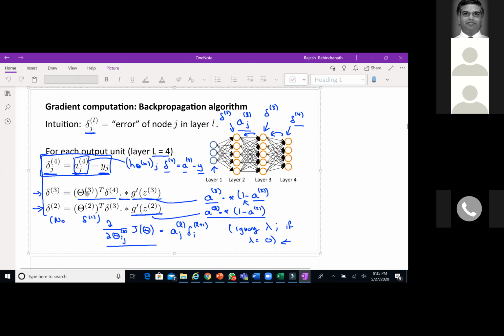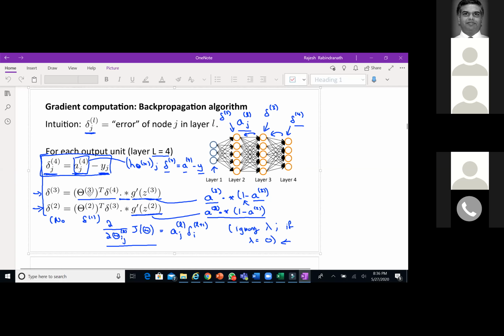Theta 3 is a vector or a matrix, or what exactly is it? Is it a scalar, a vector, or a matrix? It's a matrix, the weightage. So don't worry about that.